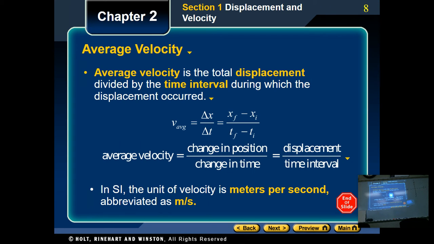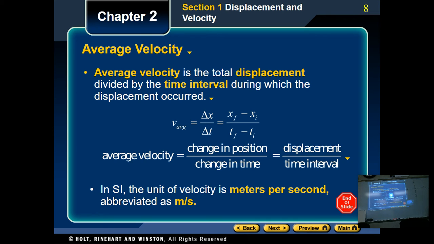And just like with speed, the SI unit is meters per second. There is a key difference though, and this is muy importante, as I get closer to the microphone for those at home.